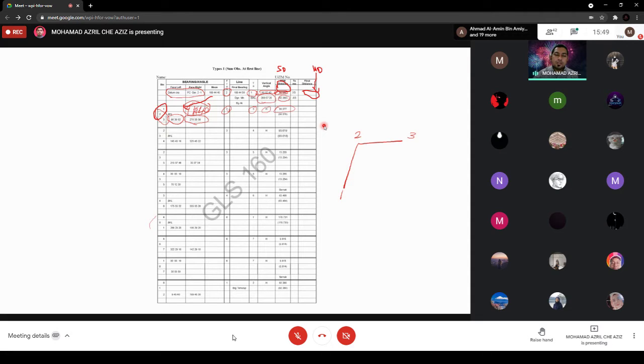Now from 3 to 2, and we observe 3 to 4. So 3 to 2, you will refer here.